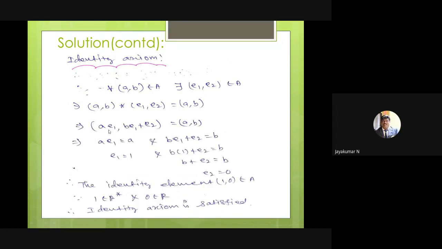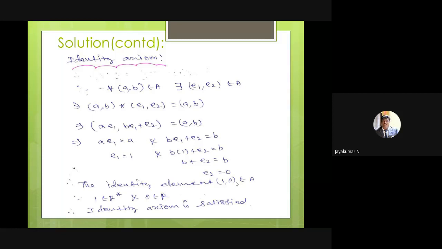Comparing component-wise, A E1 equals A and B E1 plus E2 equals B. From this I get E1 equal to 1. Substituting E1 equal to 1 in the second expression, we finally get E2 equal to 0. So the identity element is nothing but (1, 0), which belongs to A.